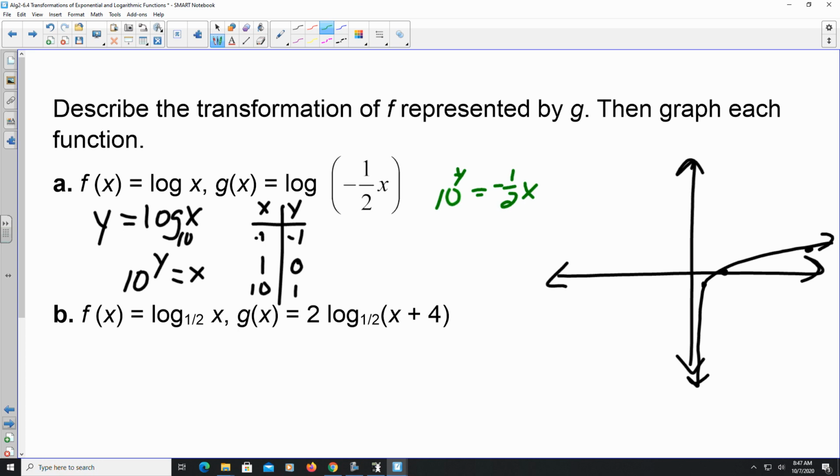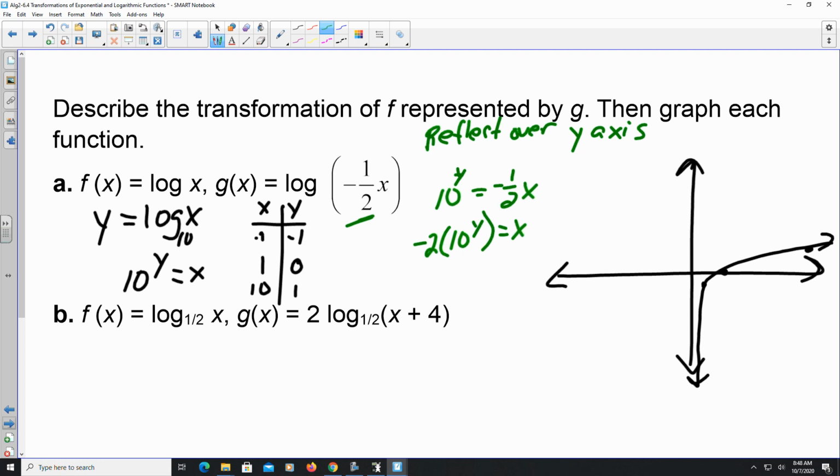And you could multiply it by -2, so it'd be 10 to the y is equal to -2x, and then graph it from there. But when you're looking at the transformation of this, because of this negative 1/2, it is going to reflect over, in this case, the y-axis.